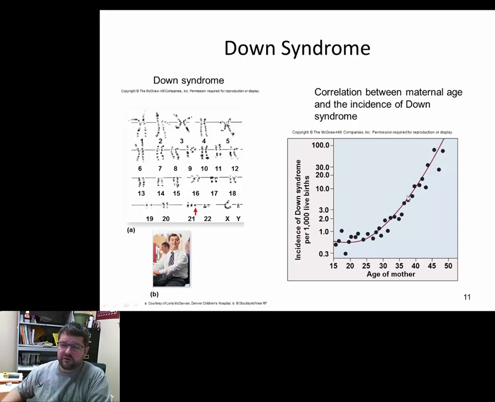As you increase age, it drastically increases. The stickiness of those homologs increases, and the likelihood that they do not get separated increases. All the way to when you're out at 50, you have basically a 1 in 10 chance, a 10% chance that you'll produce a child with Down syndrome. And that actually increases even further the further you go past 50.